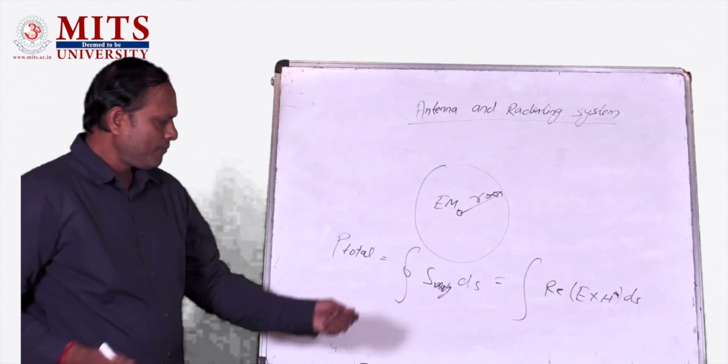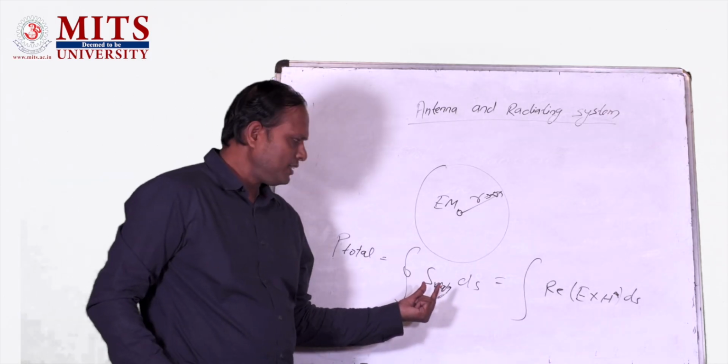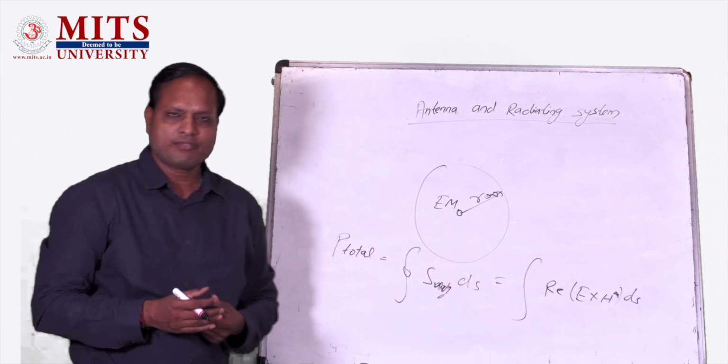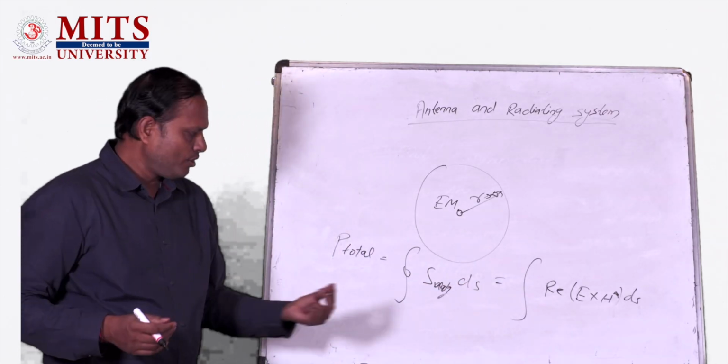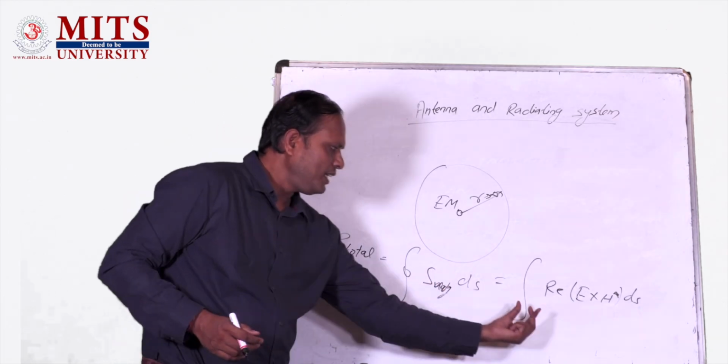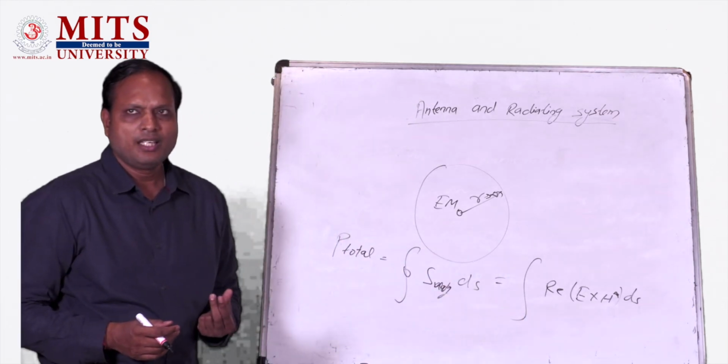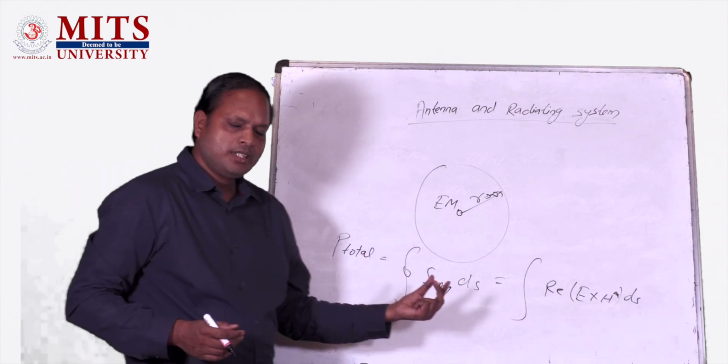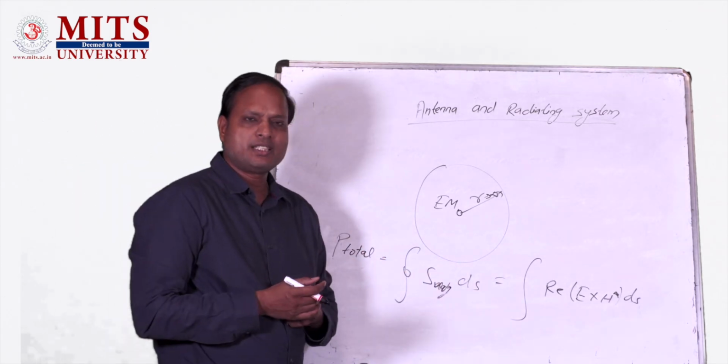Basically the Poynting vector is proportional to the square of the electric field, and this is the energy per unit time that is radiated into free space.